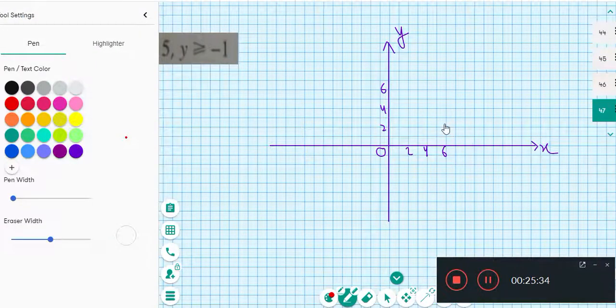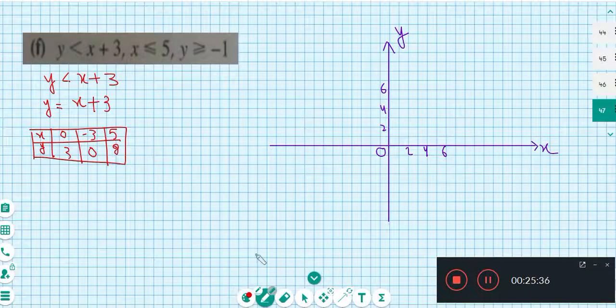So it should be here, parallel to the x-axis, and passes through -1. Again I have used black color, a solid line, as it has an equal sign. So this is y greater than or equal to -1. Now shading the region for each inequality.